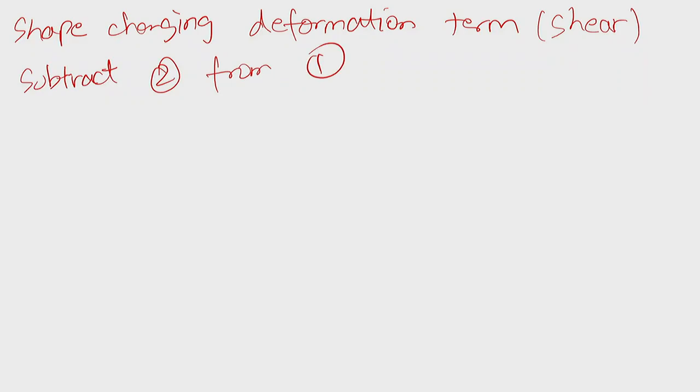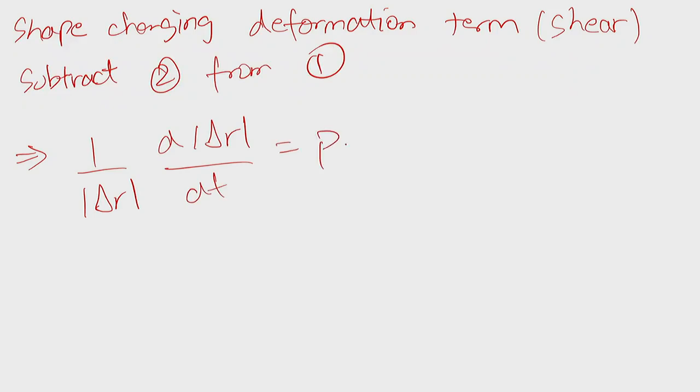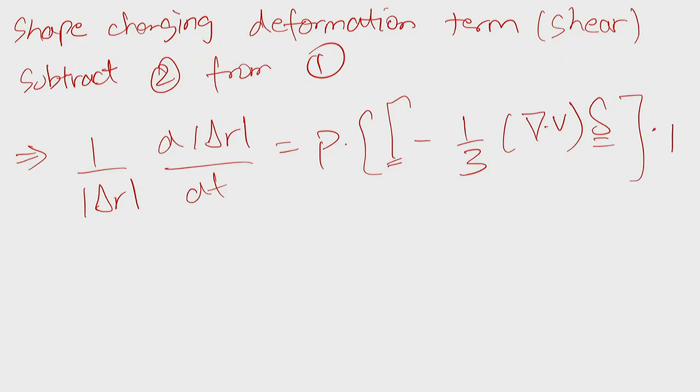And so what we're left with when we do that is 1 over delta R d delta R dE equals P. We still have this capital tau term minus 1/3 del dot V delta. Just keep in mind this is a tensor, so we need to associate it with a unit tensor dot P.